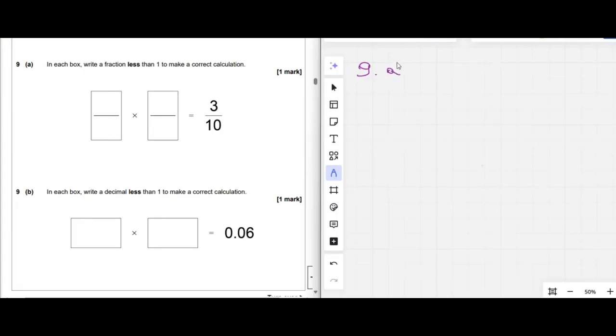9A. In each box, write a fraction less than 1 to make a correct calculation. So we need 2 numbers that will go to 3/10 after multiplication.